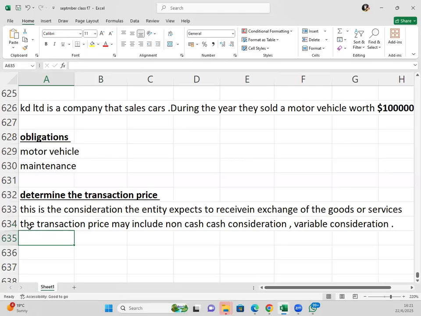So if the transaction price is involving variable considerations, these are amounts where we say maybe they are discounts. If someone is to pay at once, they can receive a discount. So the variable consideration takes into account variable amounts such as discounts.